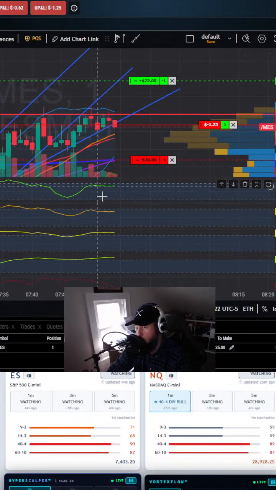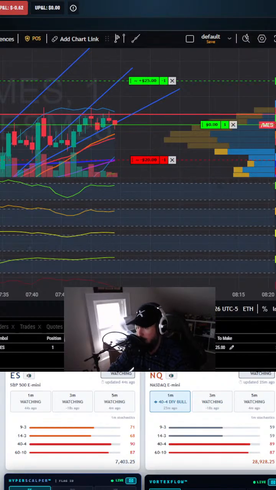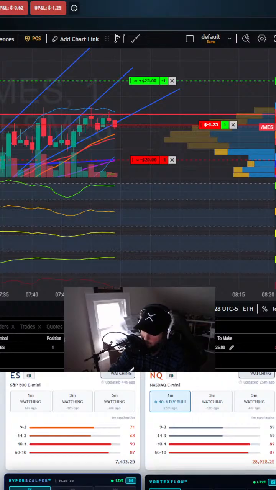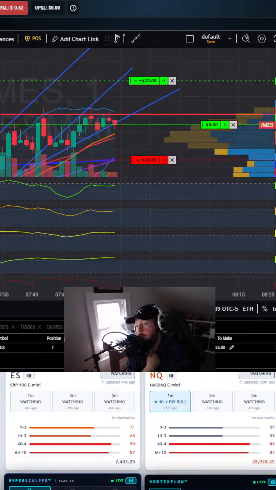These have no room to go higher. We're almost at the complete end of overbought on everything, which means we'll be looking for a reversal soon. Yeah, there's a lot of downward pressure.